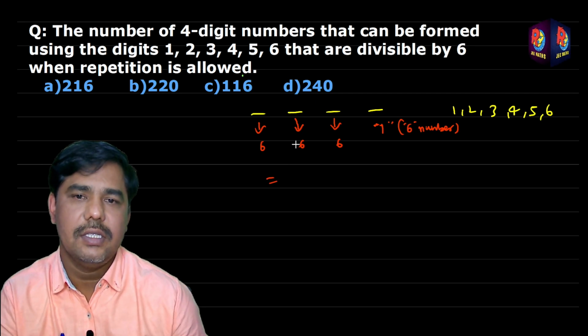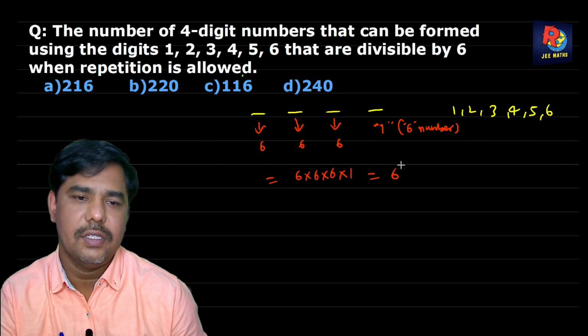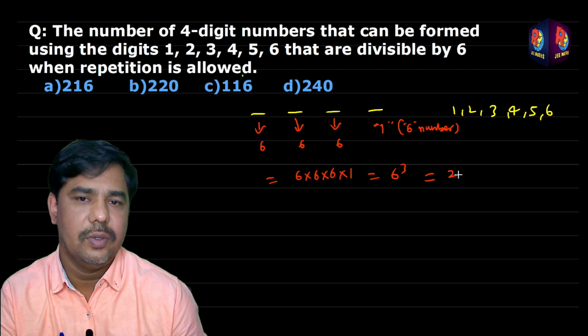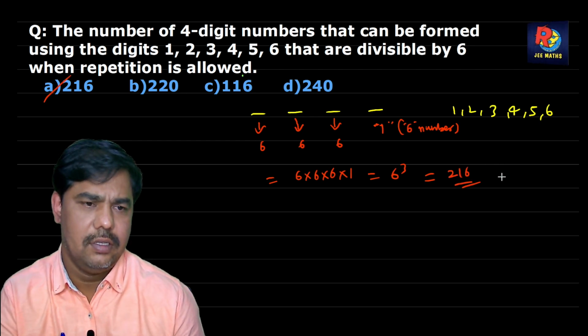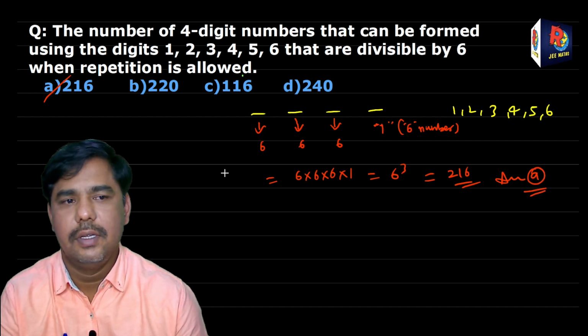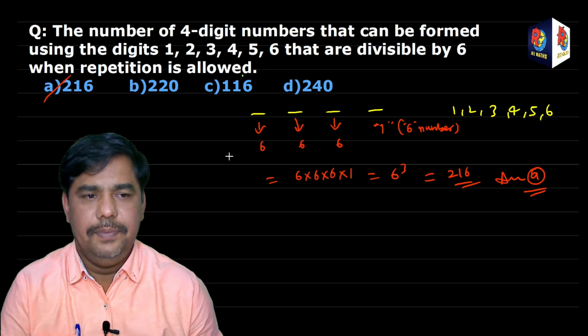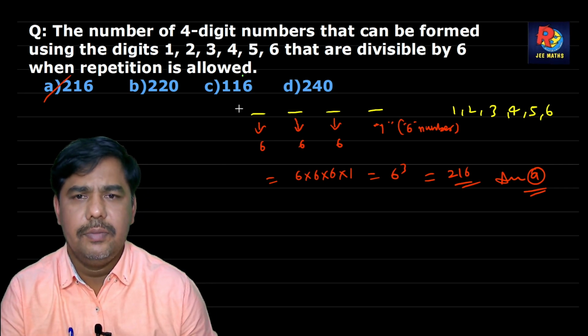Therefore the answer is 6 into 6 into 6 into 1, so 6 cube, which is 216. Option A is the correct answer. Like this way we can use the divisibility rule.